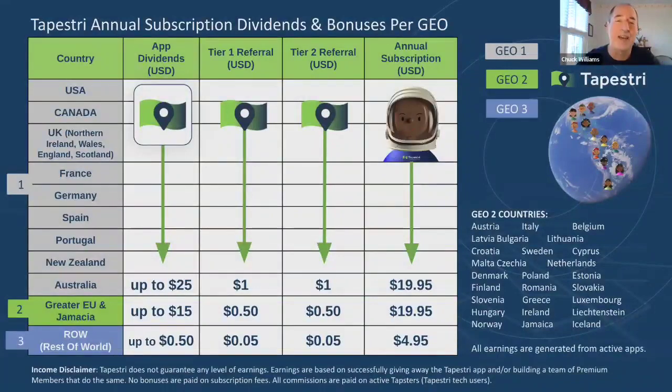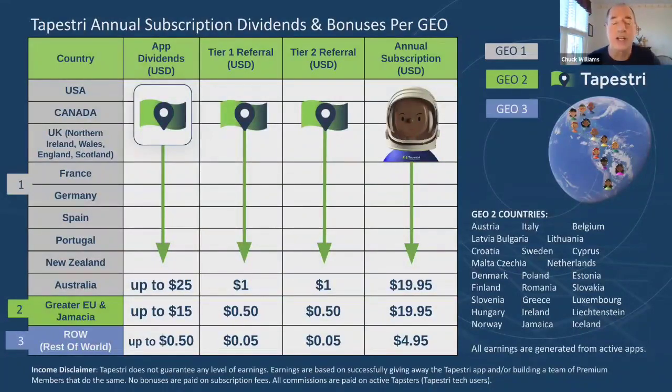The average is somewhere $7 to $8 in Geo 1 countries. Then you've got your Geo 2 countries that can earn up to $15 on their anonymous location data. However, again, that does not cap all the other ways that a customer can make money. And then in the rest of the world, that cap is 50 cents per month on the anonymous data in those Geo 3 countries.